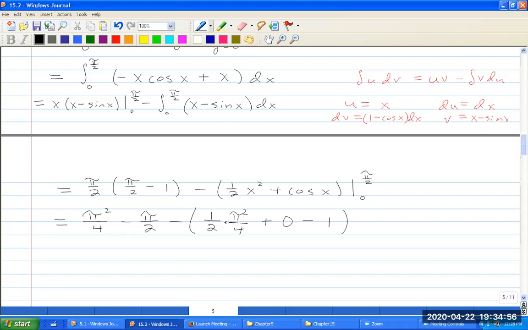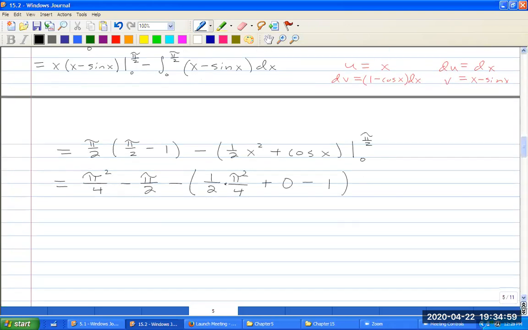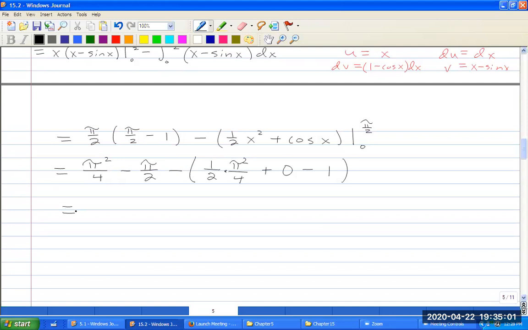Okay. So this is equal to pi squared over 4 minus pi squared over 8 is pi squared over 8 minus pi over 2 plus 1. And that is your answer. Okay.